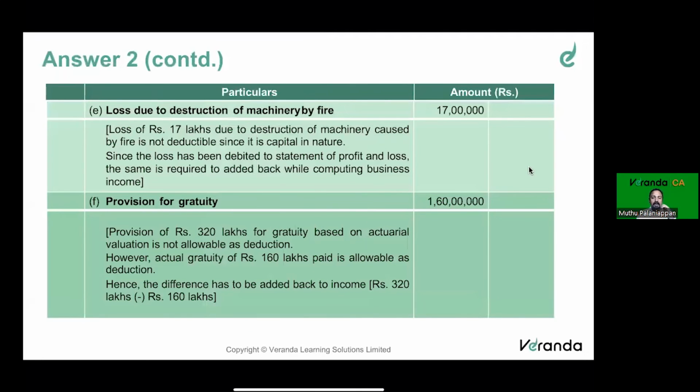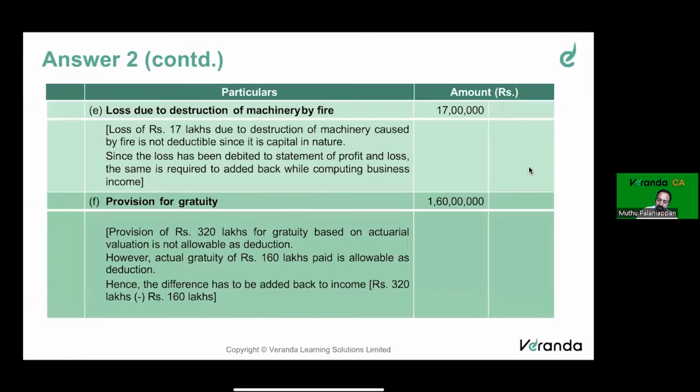There are various criteria in 37: it should not be personal in nature, it should not be capital in nature, it should be wholly and exclusively for the business, it should be incurred during the previous year, so it should not be for any other previous year. It should not be illegal or against the laws. These things are basically not allowed expenditure. Rest of them are allowed.